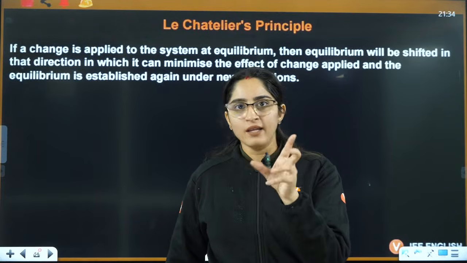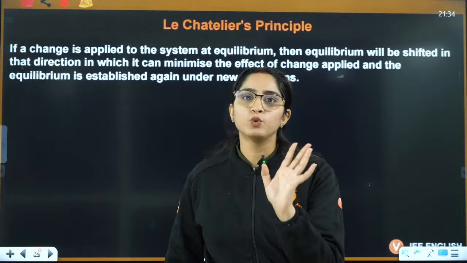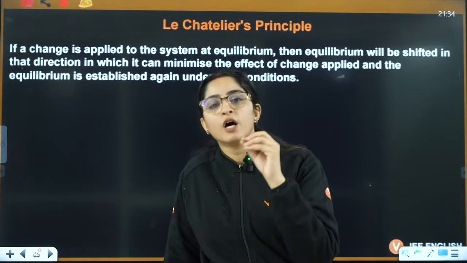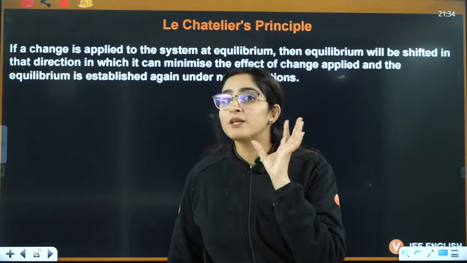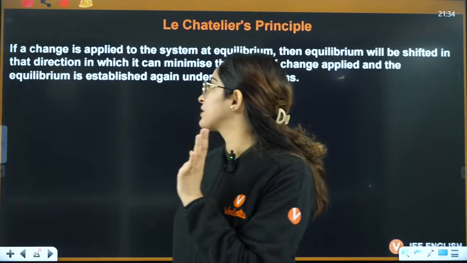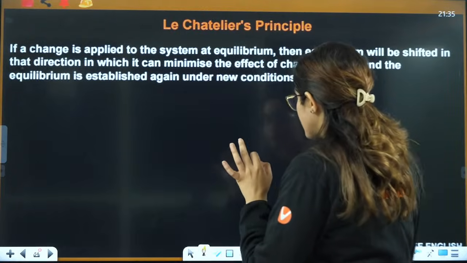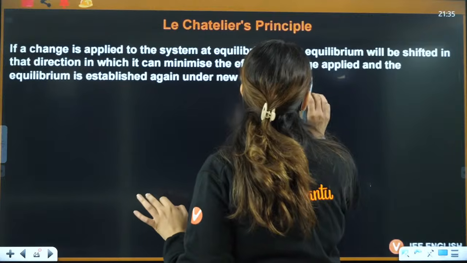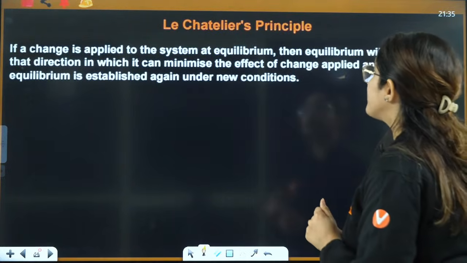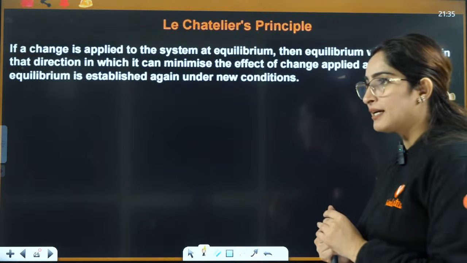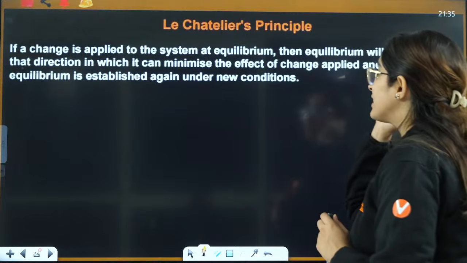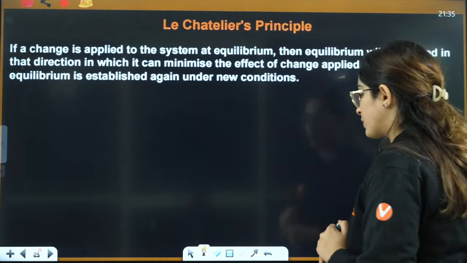So the same thing Le Chatelier's Principle will do. Whenever something is at equilibrium and you try to disturb the equilibrium, it will do the opposite of that, right? So if a change is applied to a system at equilibrium, then the equilibrium will shift in the direction in which it can minimize the effect of the change applied, and the equilibrium is established again under new conditions.